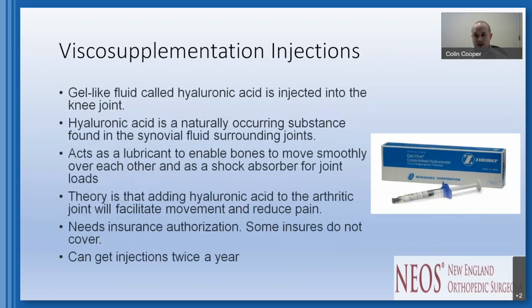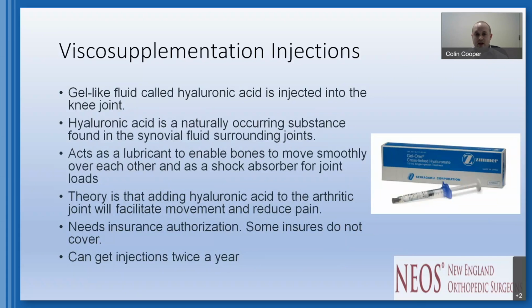Another type of injection is known as viscosupplementation, or hyaluronic acid injection. This is a very viscous, gel-like fluid that used to be made from rooster comb. So that might be something you've heard people talk about: rooster comb injections is this viscosupplementation.